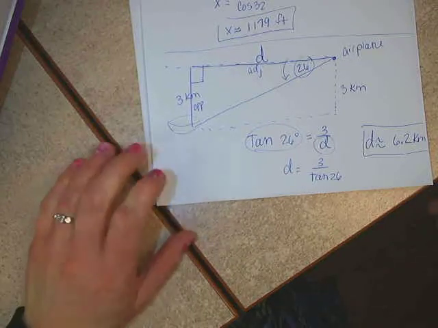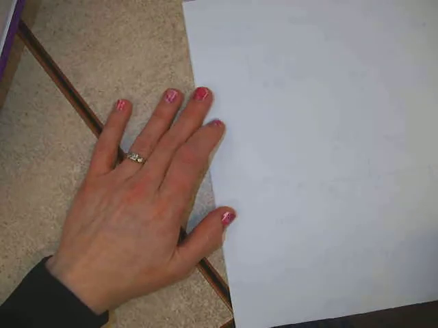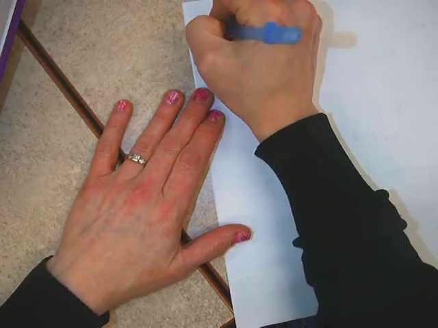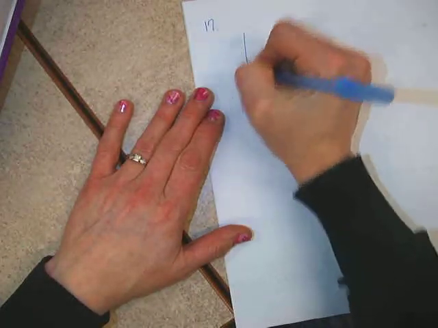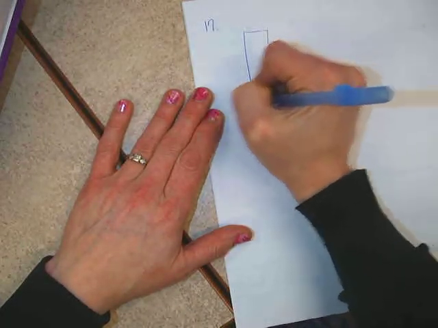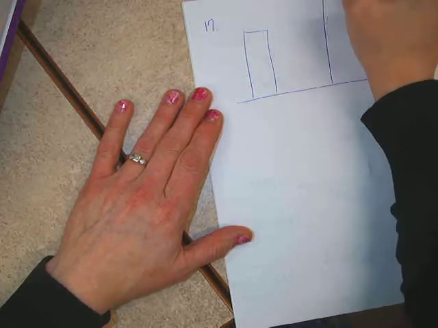Now, there are some instances where our angle of elevation or depression is not right from the ground. I'm going to set up number 17 in the homework. And the rest you will have to sketch out.